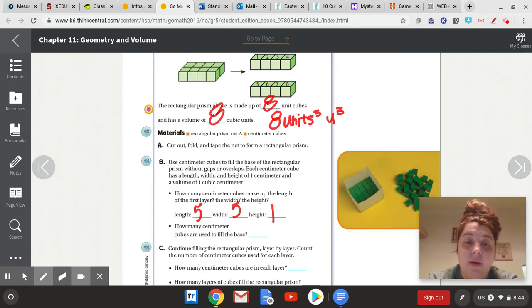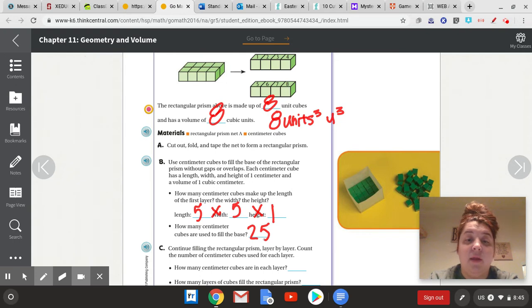So how many centimeter cubes are used to fill the base? In order to figure that out, all you do is multiply across 5 times 5 times 1. So how many were used to fill the base? Well, 25. That's it.